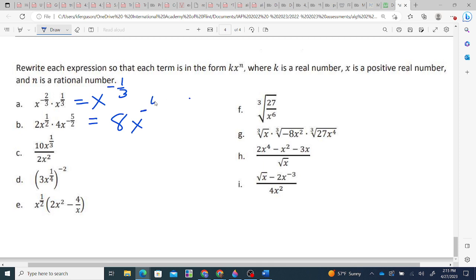It's negative 4 over 2, which is 8 times X to the negative 2 power.